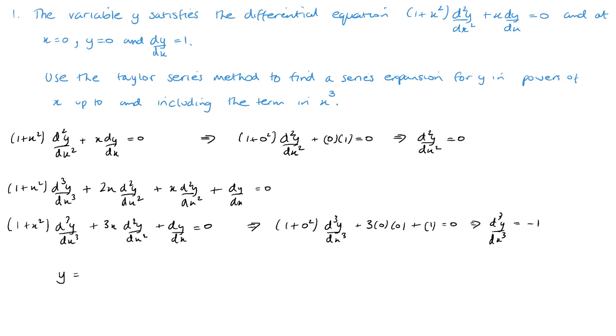So y equals y0, which is 0, plus my first dy by dx is 1, so I've got 1x, plus d2y by dx squared, that's going to be 0 over 2 factorial x squared, plus my third one, that's going to be minus 1, isn't it? x cubed over 3 factorial.